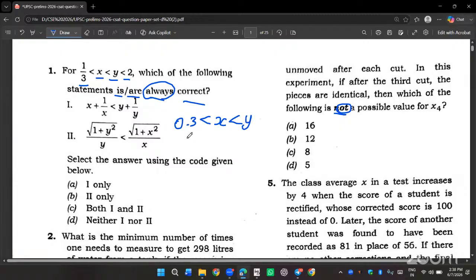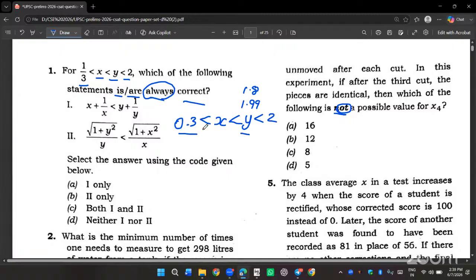So the x value should be between 0.3 and some other value. We will come to that. Then y should be less than 2. It means y may be 1.99, 1.8, any value less than 2. So both x and y values are between these two, 0.3 and 2.